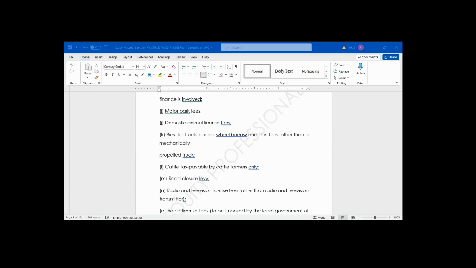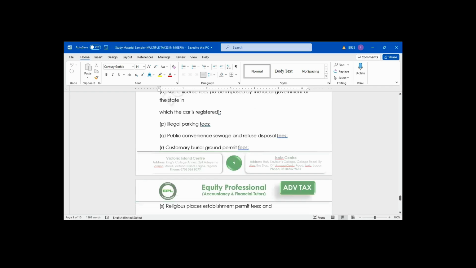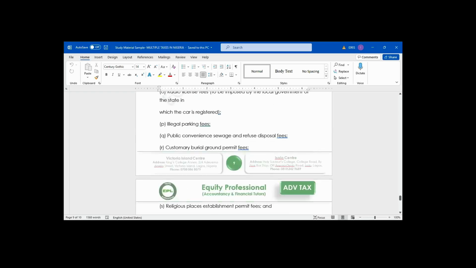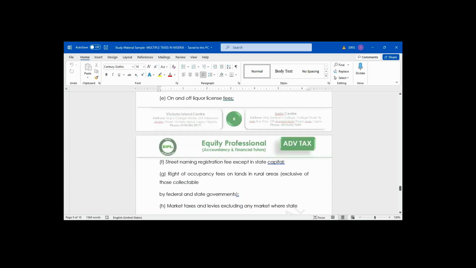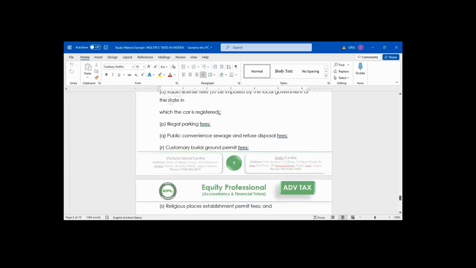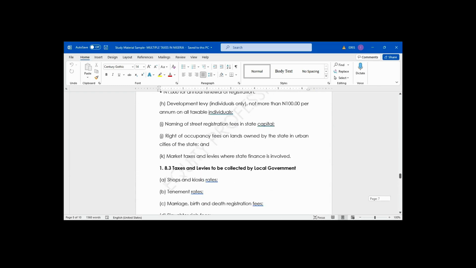Radio and television license is also collected by local government. Illegal park fee is also collected by local government. Signboard advertisement permit fee is also collected by local government. All these are the taxes and levies collected by local government as stated by the Constitution.